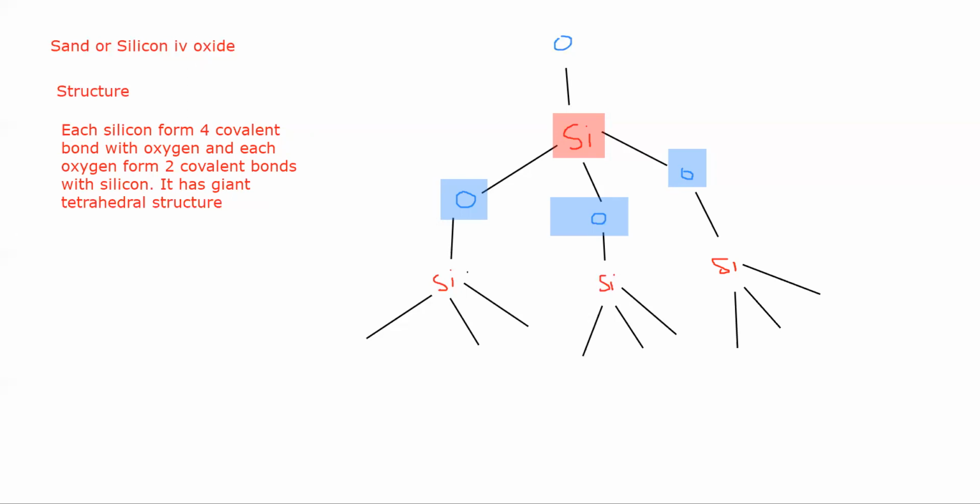And then the properties and reason. So it has similar properties to that of diamond. Number 1, high melting and boiling point. Why high melting and boiling point? Because of giant structure.